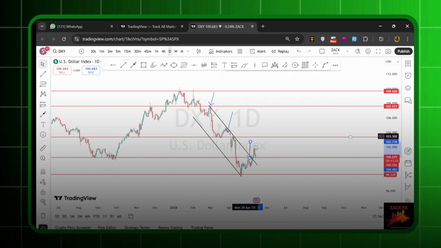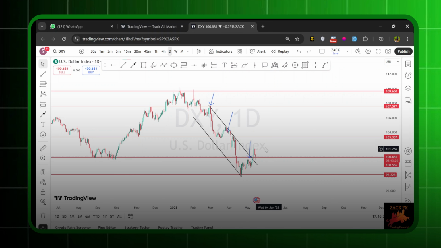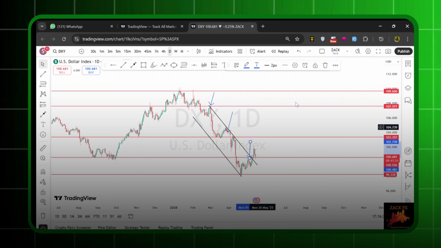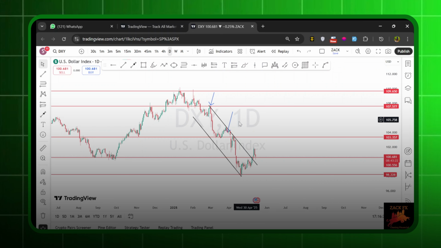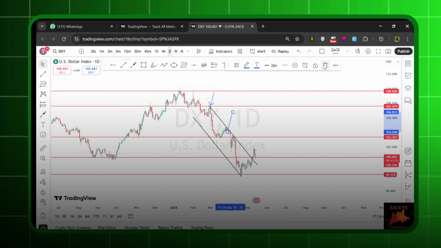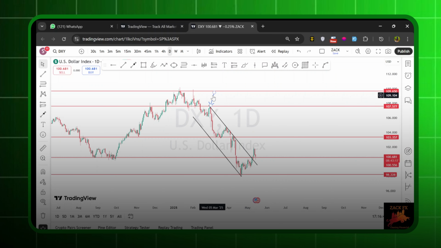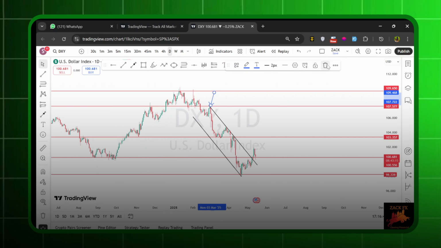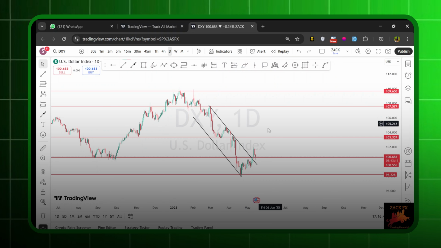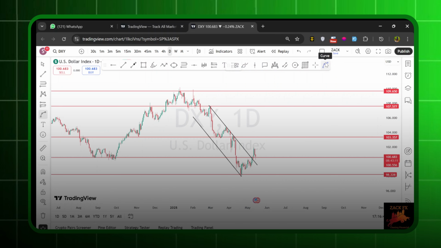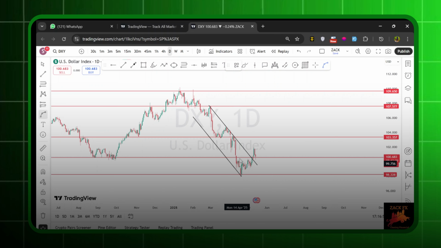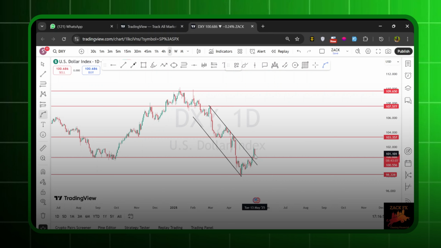As I had said earlier on, when price breaks out of a descending pattern, we are going to be looking for buying opportunities. And when it breaks out of an ascending pattern, we are going to look for short opportunities. In this scenario, we are going to look for buying opportunities because this was a descending pattern, and as you can see, it has been broken out of.